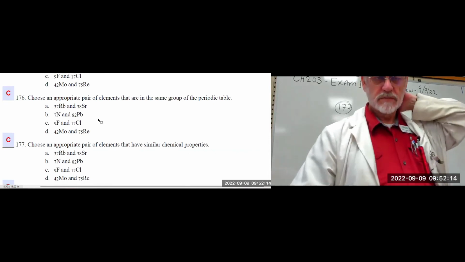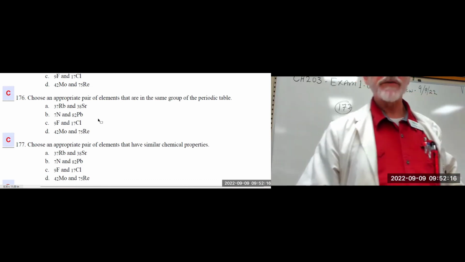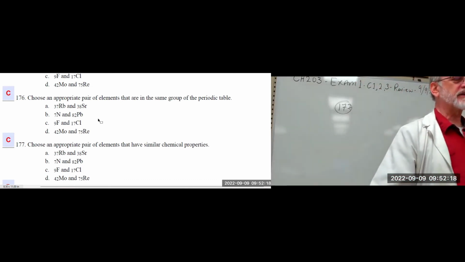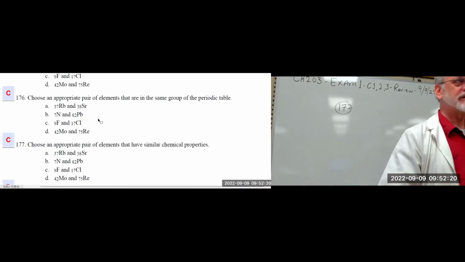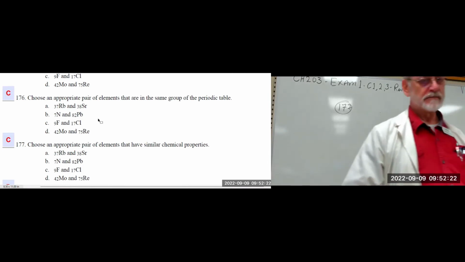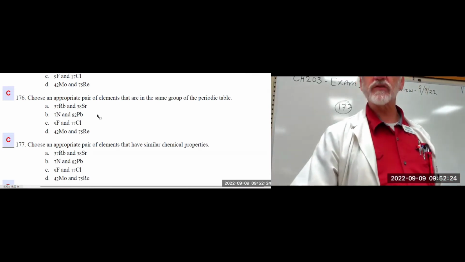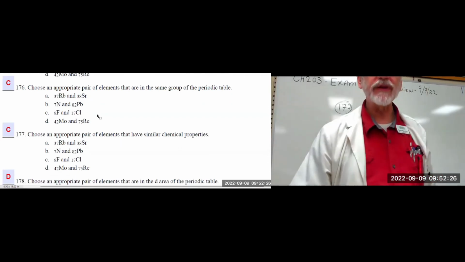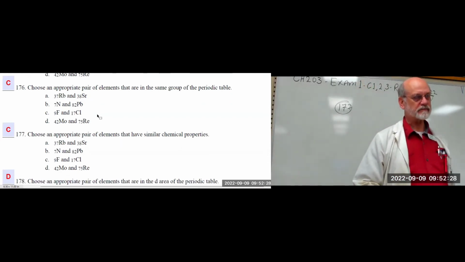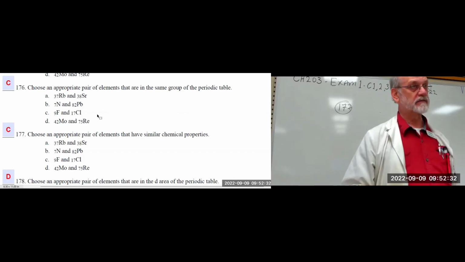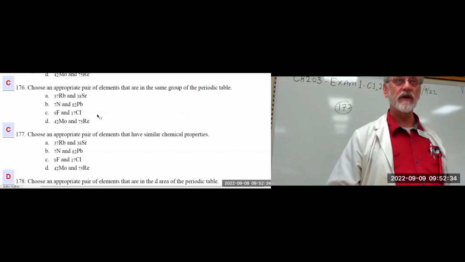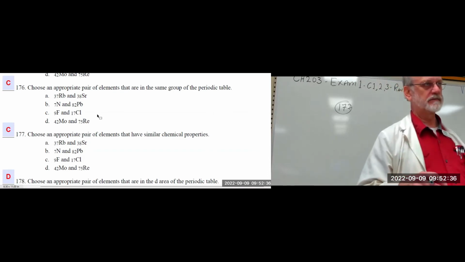Yeah, 176 and 177 are asking the same question with different wording. Yeah, exactly right. That's why the answer is exactly the same. Fluorine and chlorine are both halogens. So they will have similar properties. They're not going to be exact because they are different elements, but they will be very similar.